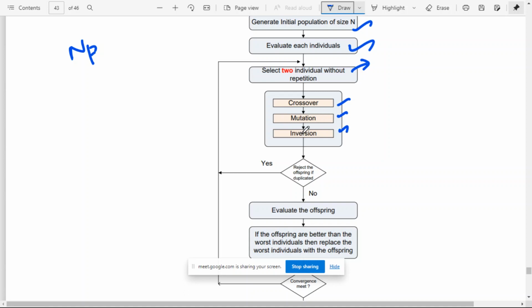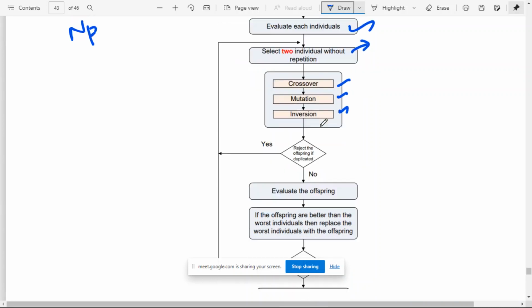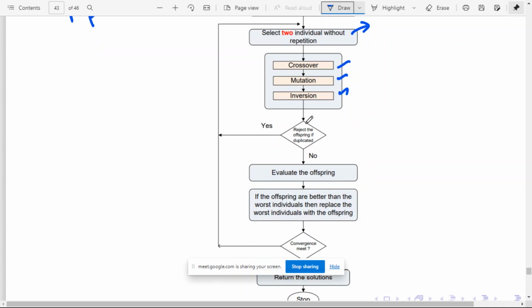Before checking convergence, we reject the offspring if duplicated. So we select two individuals, perform reproduction, that is crossover, mutation and inversion, and then check whether the new offspring created is a duplicate, that is, whether a copy of this offspring is already available.